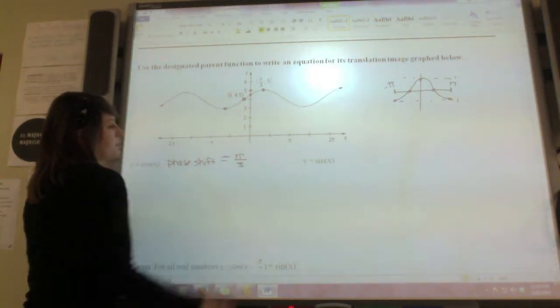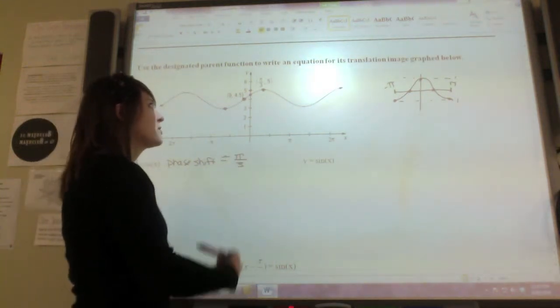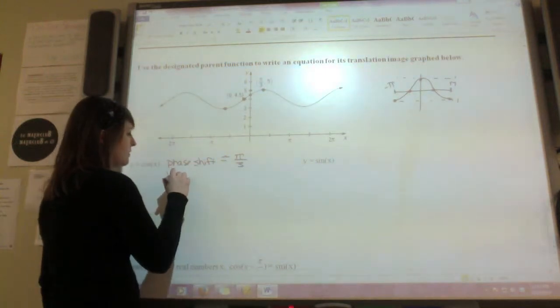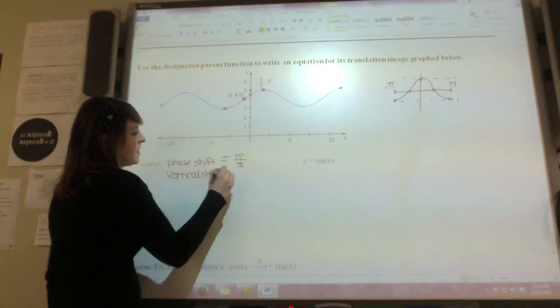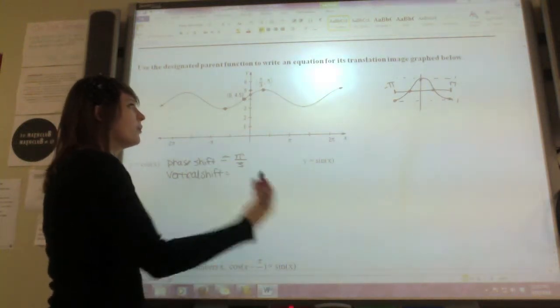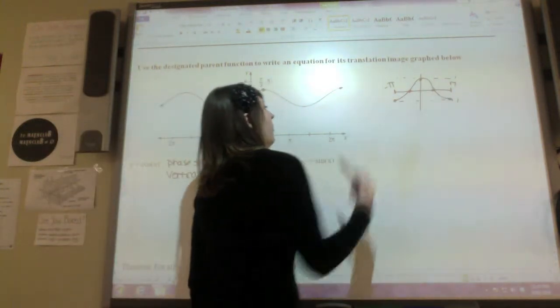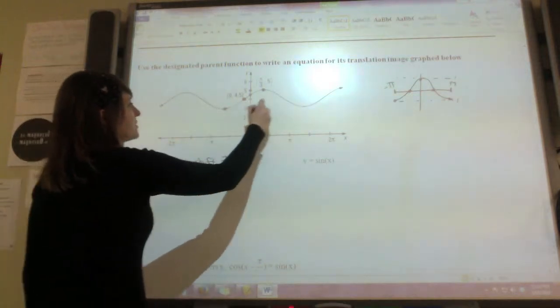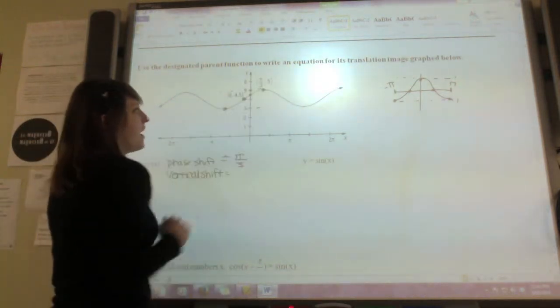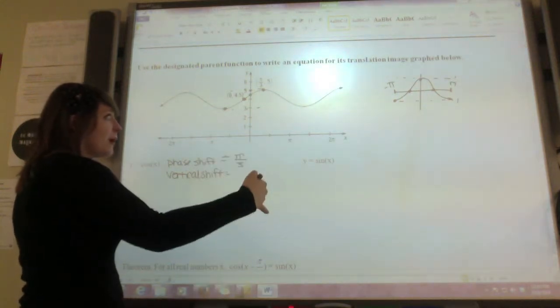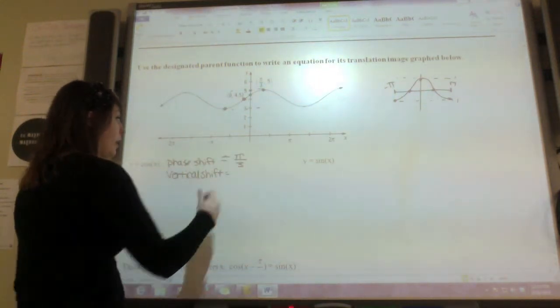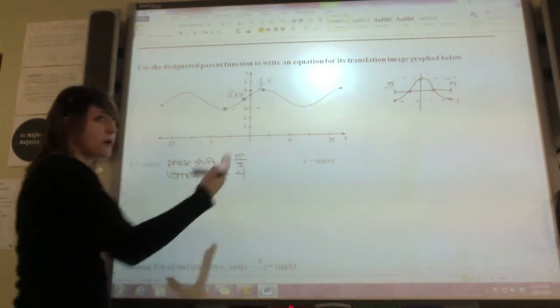As far as my vertical shift goes, remember that's saying how far you've moved up or down. Normally my function goes from -1 to 1. In this case, my function is going from 3 to 5. So that means I've shifted the graph up by 4.